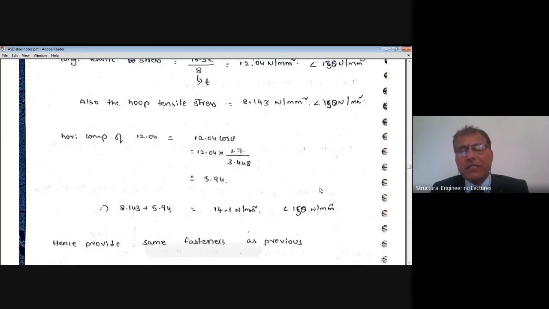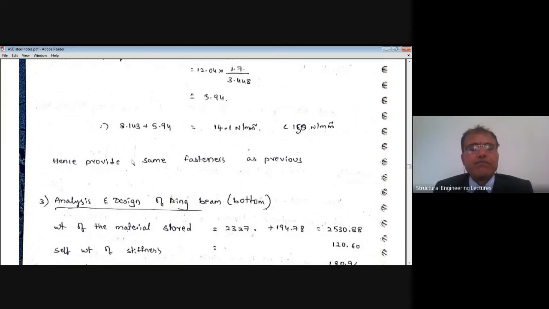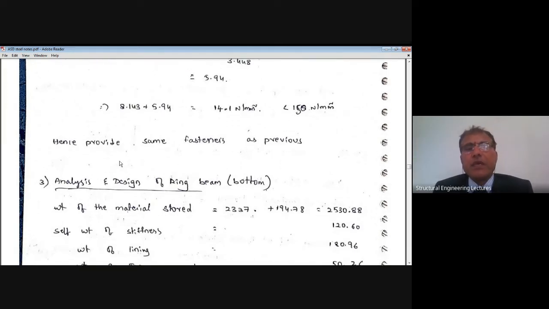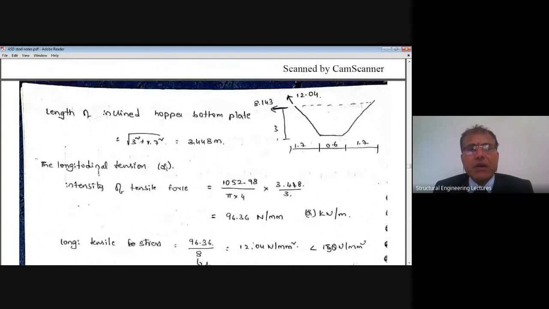Then also this is much less than the permissible axial tensile stress of 0.6 Fy, sorry, 150 MPa. Hence, okay.